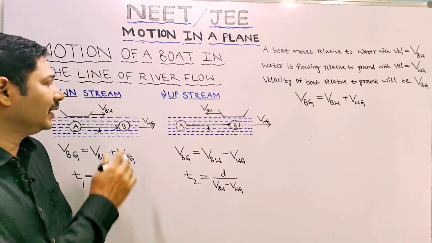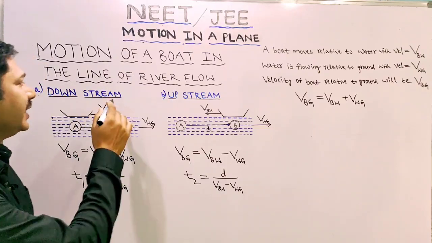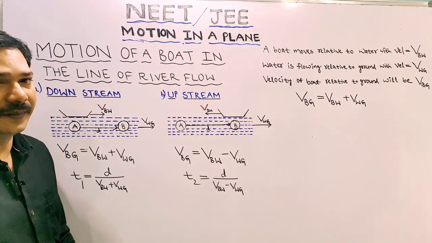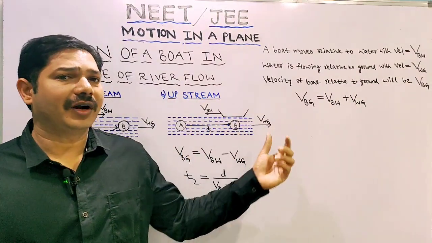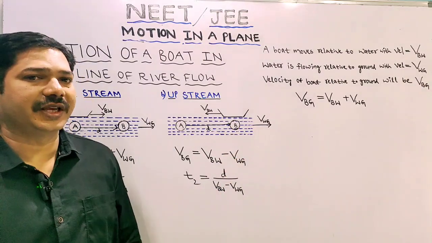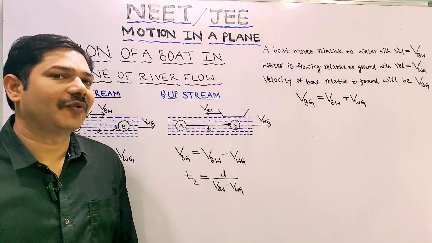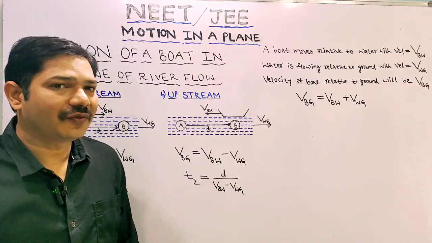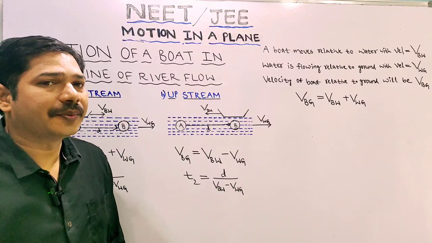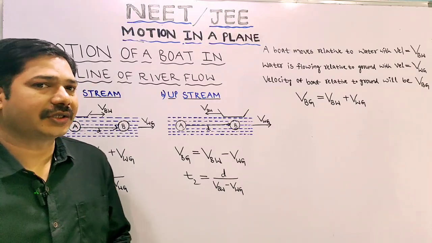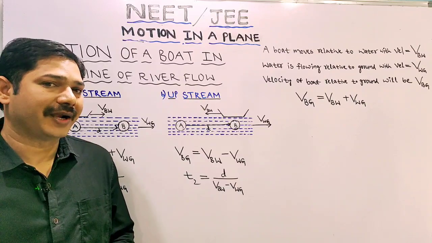If both are in the same direction, we say that is downstream. If the flow of water is in one direction, but the boat is moving opposite to the flow of water, against the flow of water, that is called upstream.